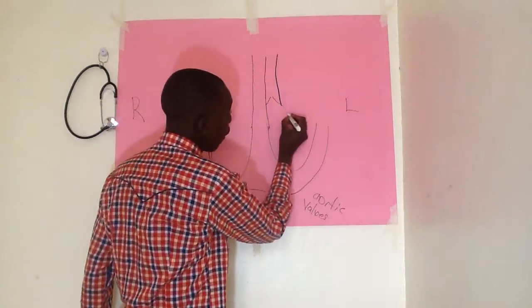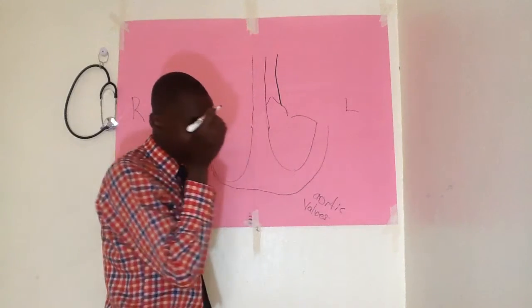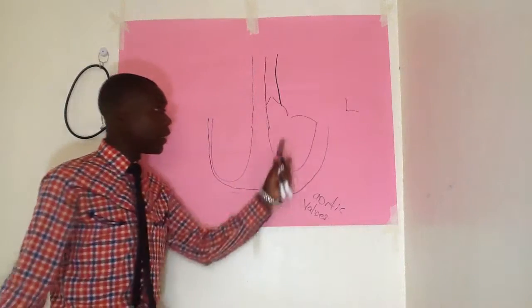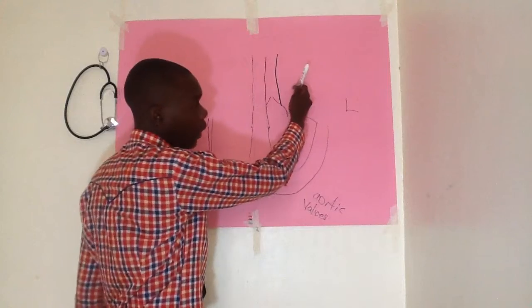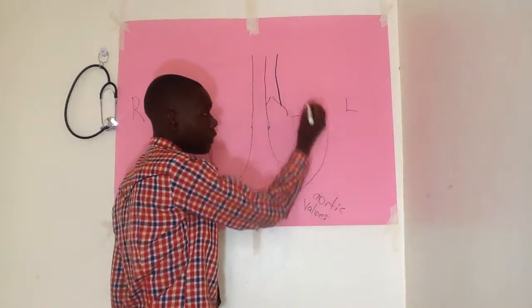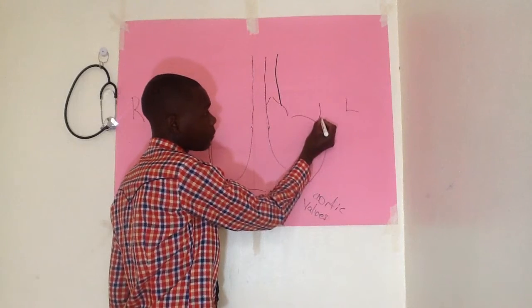Then we have our other set of valves at this point. These valves separate the left ventricle from the atrium, the left atrium. So we shall have our left atrium here, continuing.